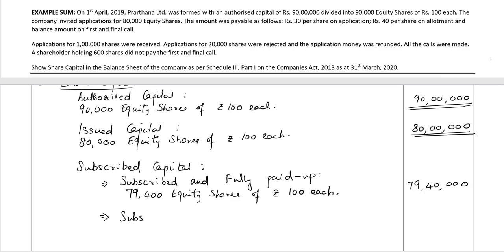Under subscribed but not fully paid up, we will classify the 600 shares for which, though the full amount has been called up, the first and the final call has not been received by the company.